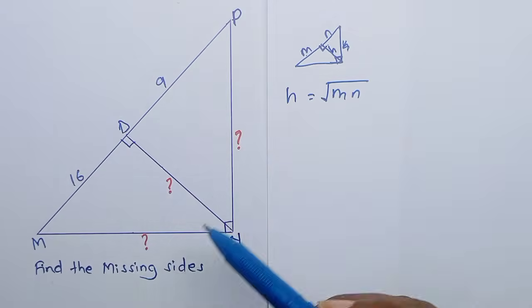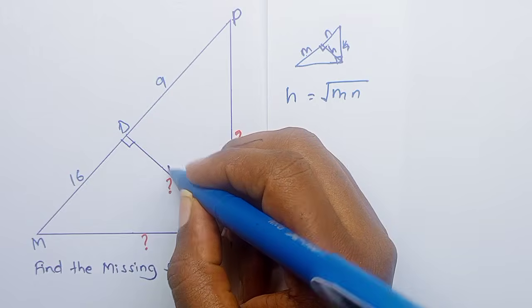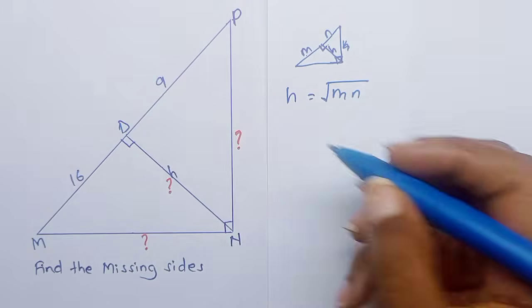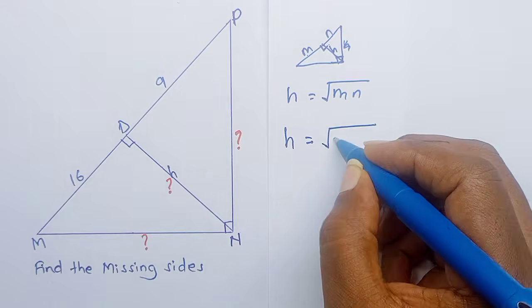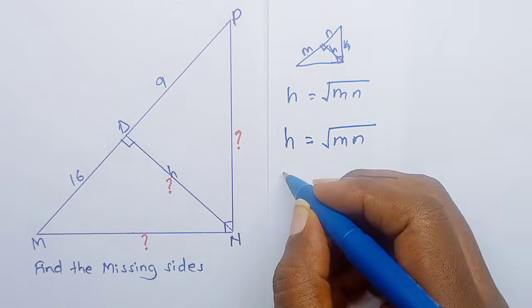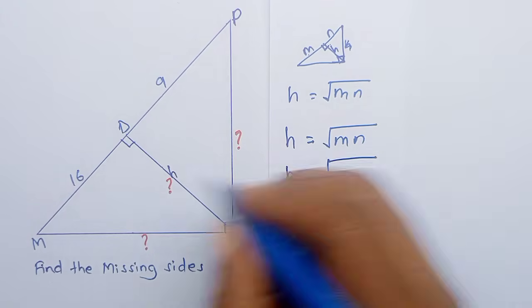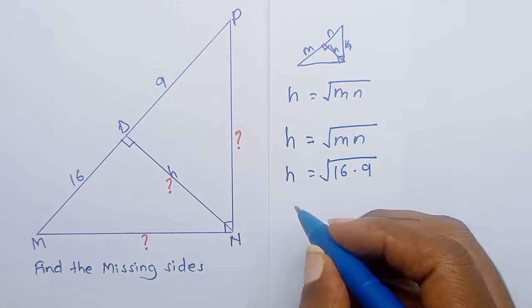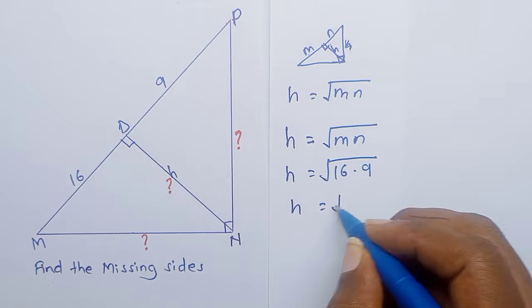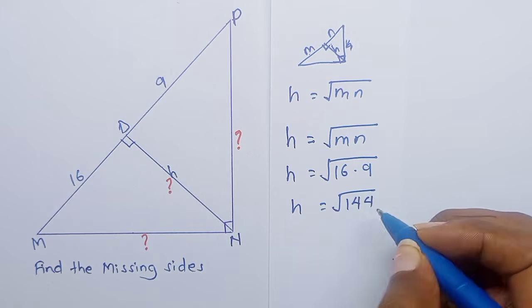So going back to our diagram, if this is H, DN is H, then H will be equal to root MN. So our M in this case is 16 and our N is 9. So H is equal to the root of 16 times 9, which is 144.